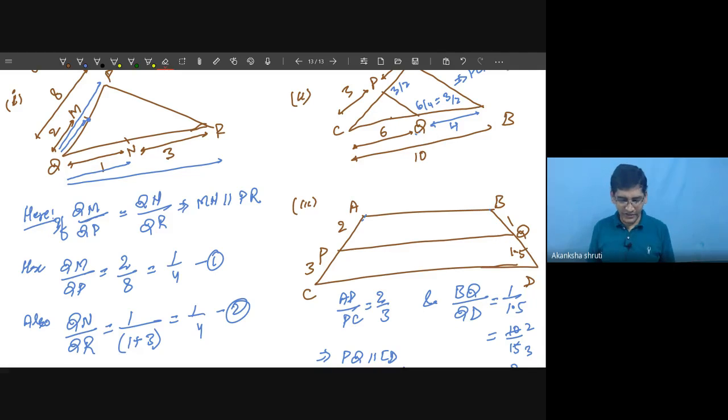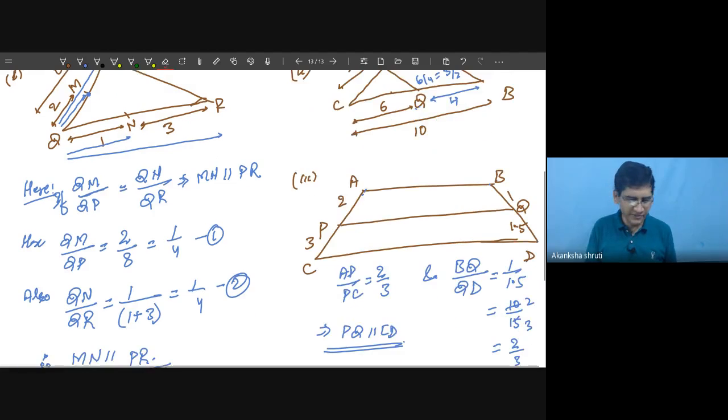Now let us go for the basic proportionality theorem. So here in this case, ABDC is a trapezium. Then we were searching whether PQ is parallel to CD or not.